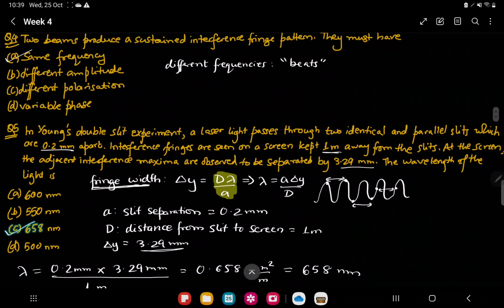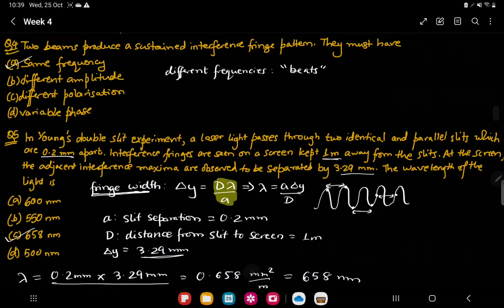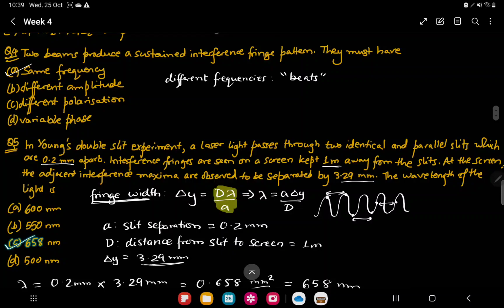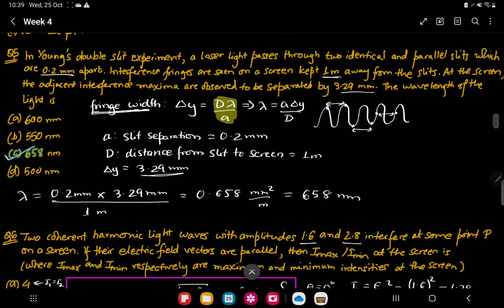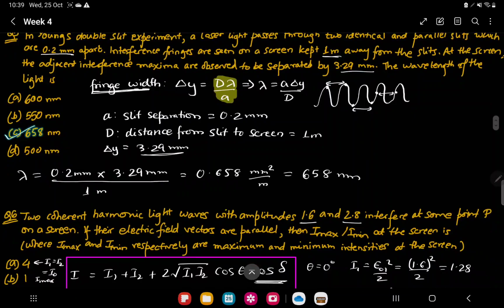The relation between all these quantities is that the fringe width is wavelength lambda times the distance between slit and screen, capital D, over A, which is the slit width. Sorry, not slit width, slit separation. So given these quantities, we can find out the wavelength.